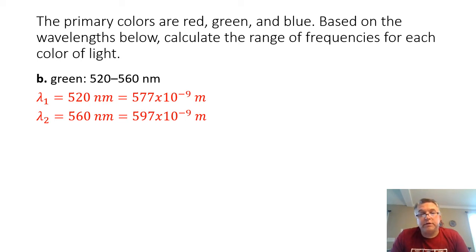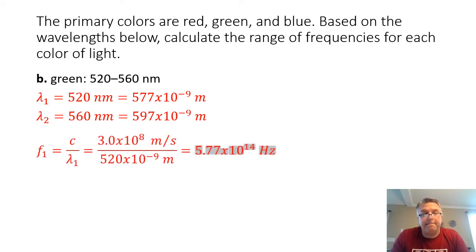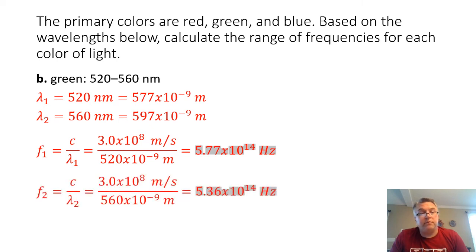So to find the frequency for the low end of the range, 520 times 10 to the minus ninth meters, I divide that into my speed of light of 3.0 times 10 to the 8th meters per second, and I will have a frequency of 5.77 times 10 to the 14th hertz. For the upper end of the green range of the spectrum, I have 560 times 10 to the minus ninth meters, and that will give me a frequency of 5.36 times 10 to the 14th hertz.